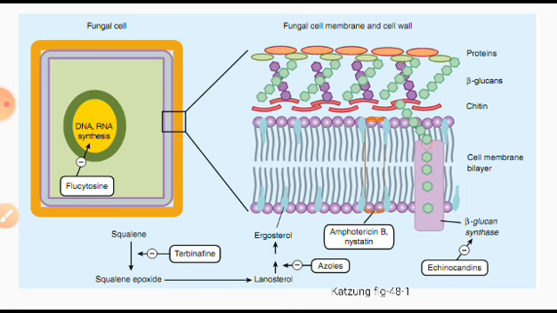The drugs that inhibit that particular mechanism are also shown in this structure. You see flucytosine is inhibiting that synthesis. The section of the wall of the fungi is shown extended in the next slide.